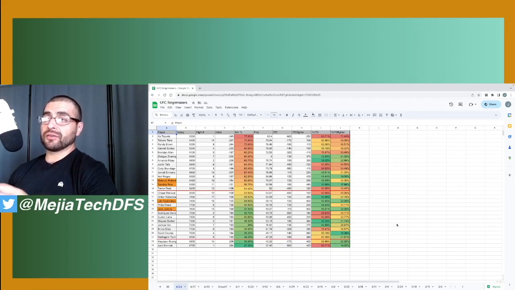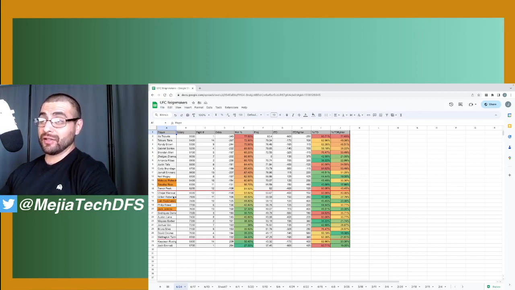Finally, the third and independent variable is how many live dogs there are. A live dog is considered a 2-to-1 or better underdog. What this indicates for us is the more live underdogs there are, the more options we have at cheaper prices.